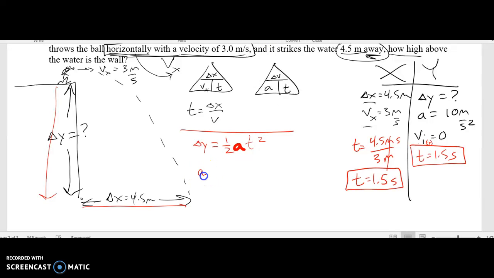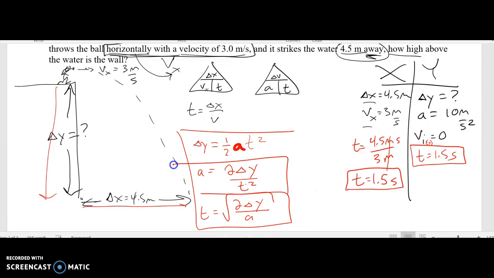That also means that a equals 2 delta y over t squared, and t equals the square root of 2 delta y over a. So we have to ask ourselves, which of these three looks the most useful right now? We've got acceleration. We don't have delta y, so we can't use that one or that one. And we have time. Hey, we can use this guy.